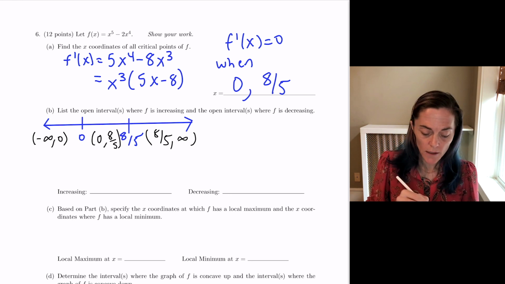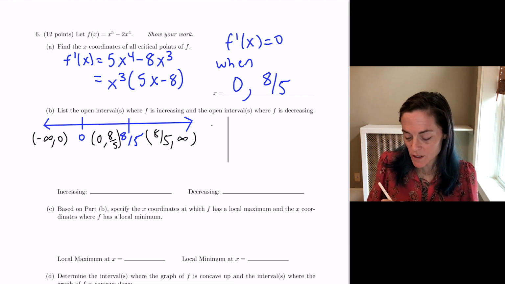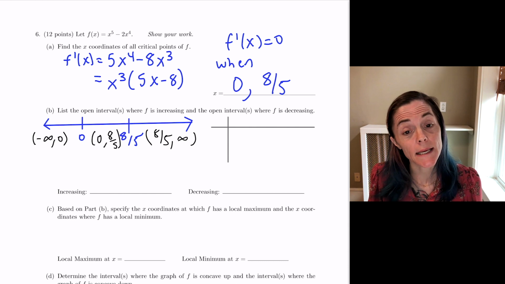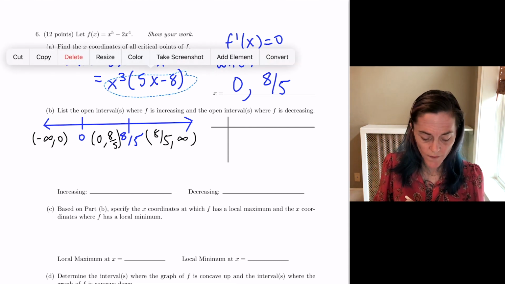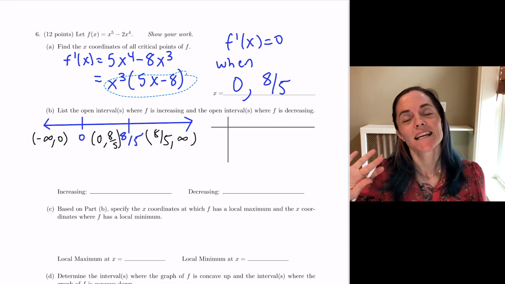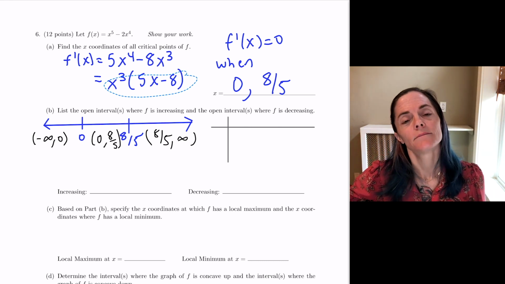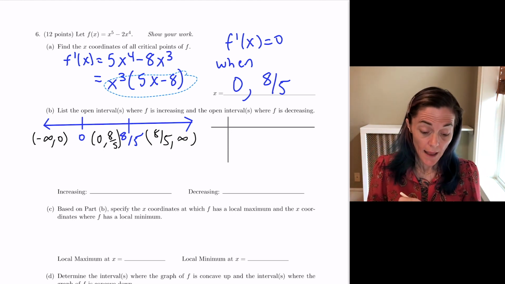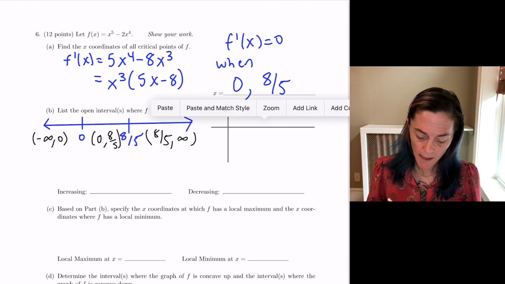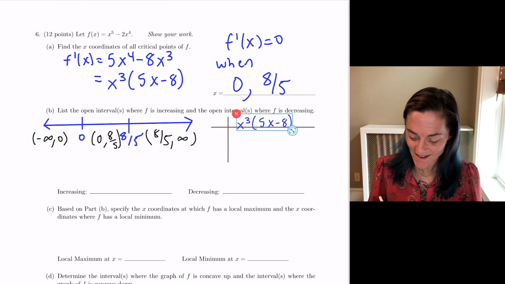Okay, then we make a little chart. What we need to do for intervals of increasing and decreasing is test the sign of the derivative. We know a function is increasing on open intervals where the derivative is positive, and the function is decreasing on open intervals where the derivative is negative.